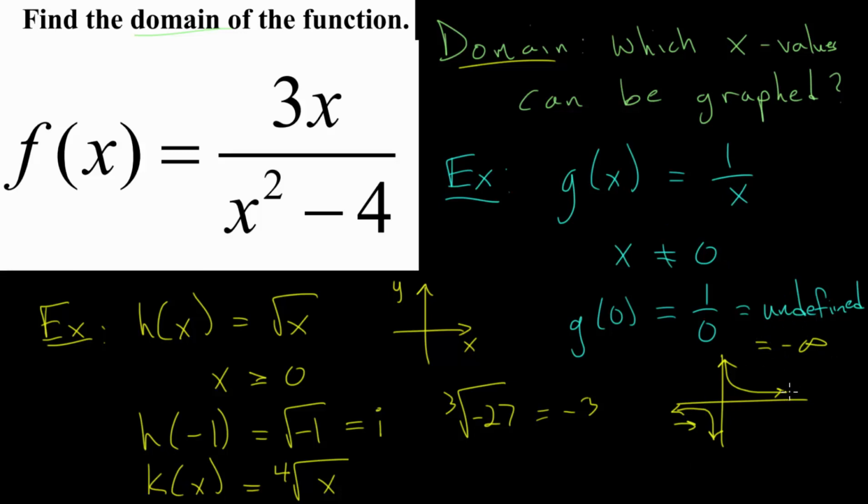But if we approach 0 from the right-hand side, going in this direction, notice that the value of our function for, again, values of x that are just slightly bigger than 0 start approaching positive infinity. So in some sense, we can argue that division by 0 is equal to negative infinity, but in another sense, we can argue that it's equal to positive infinity.